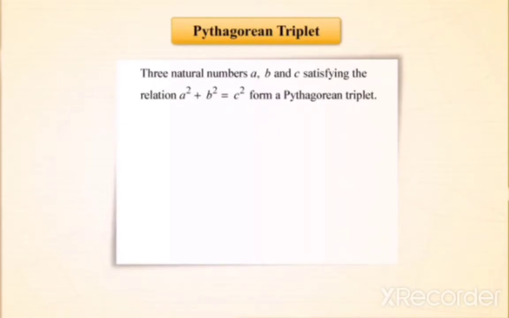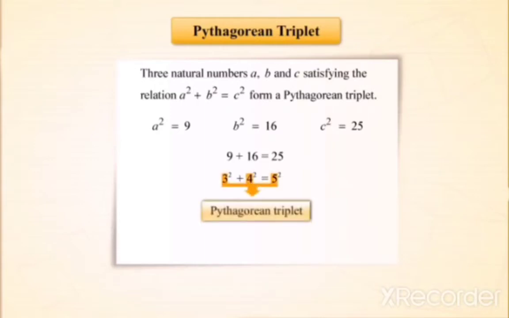Let's look at an example of a Pythagorean triplet. Suppose you have 3 square numbers, 9, 16, and 25. You know that 9 plus 16 is equal to 25. This can also be written as 3 square plus 4 square is equal to 5 square. Thus, the numbers 3, 4, and 5 form a Pythagorean triplet.